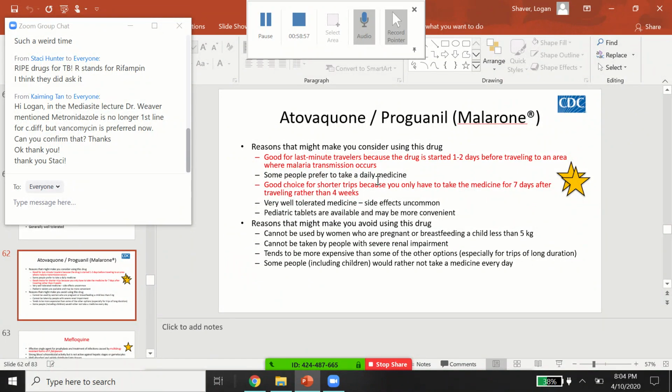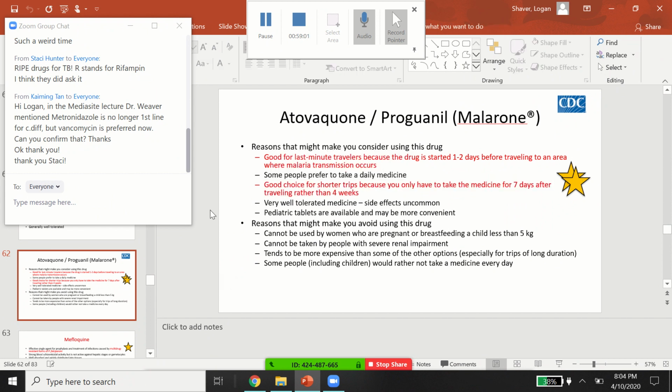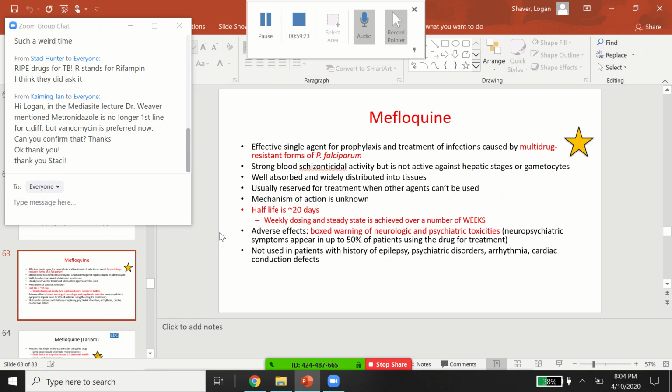But more than likely, if she was going to ask you to differentiate between that drug, the other last minute traveler's drug, or this one, she would probably give you something like, this person is only going to be there for a very short time. So then you want to be thinking more toward this atovaquone-proguanil combo for that. So that's why I have the stars beside that point.